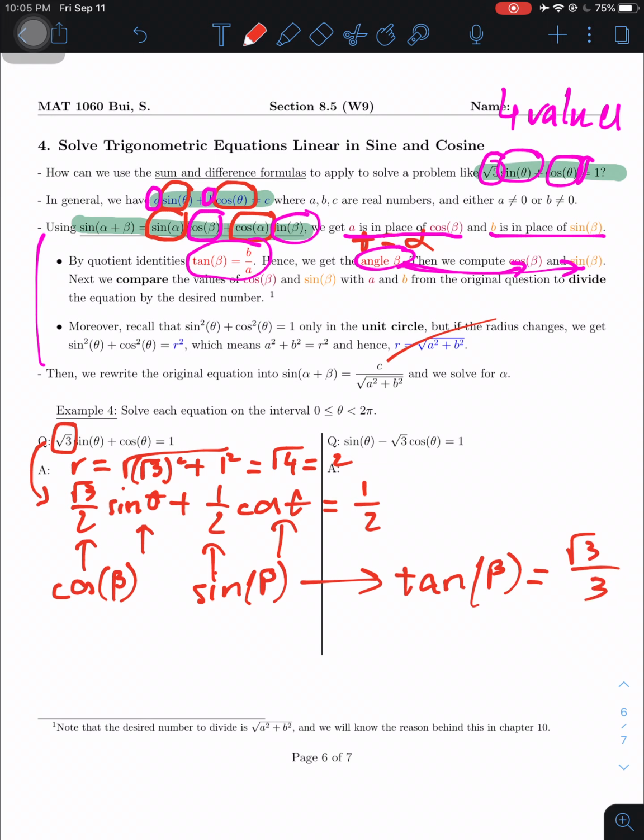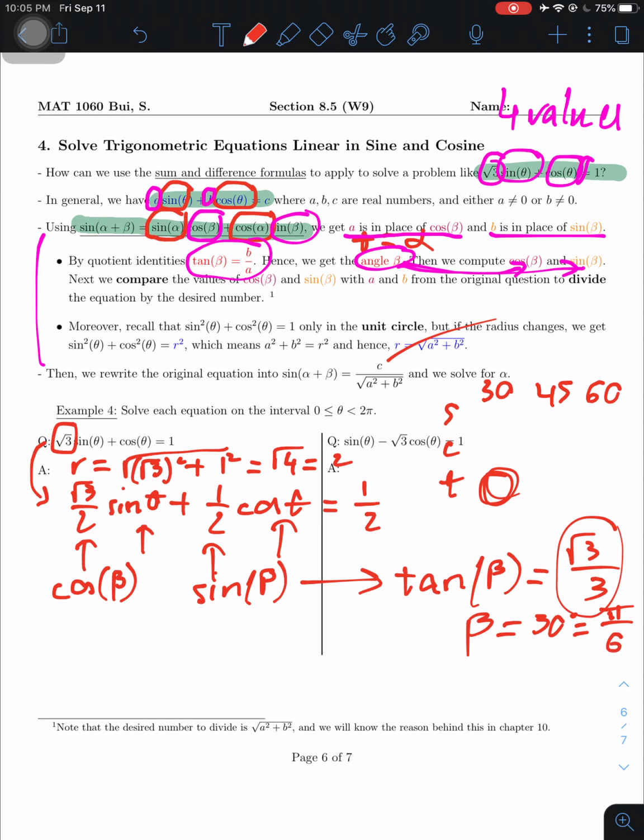And if you see that this value is familiar, it is because it is one of the values in the 30, 45, and 60 sine, cosine, tangent table, right? And square root of 3 divided by 3 is actually here. So beta in here equals the angle of 30 degrees, or should I say pi over 6.